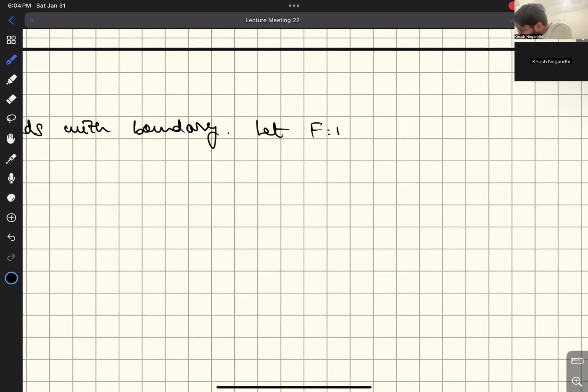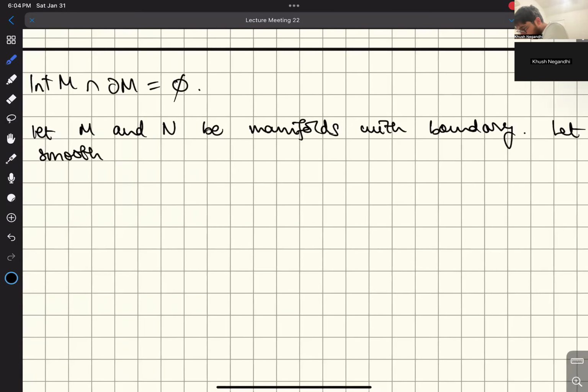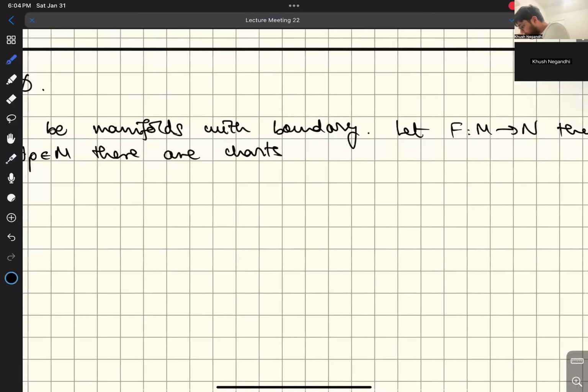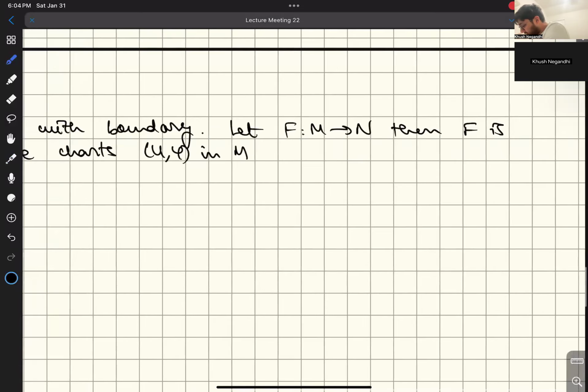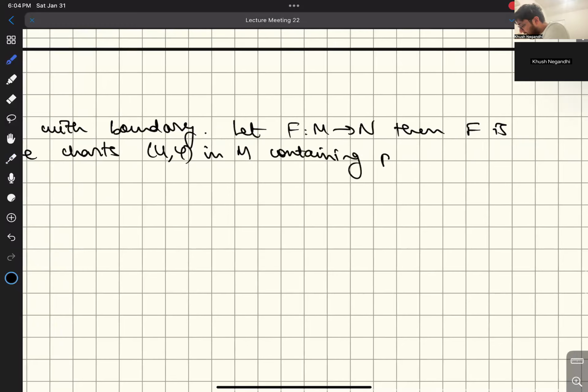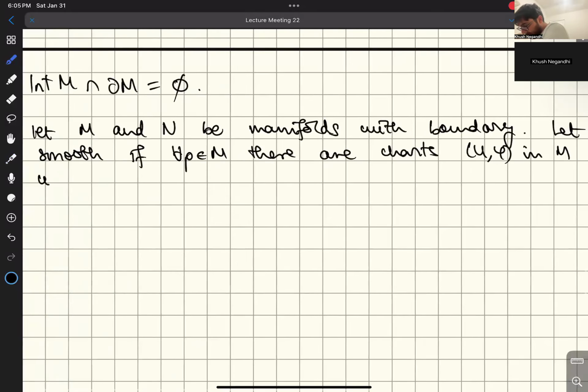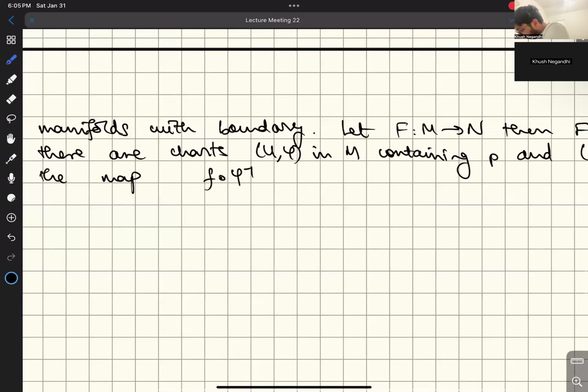Let F be a map from M to N. Then F is smooth if for all P in M there are charts (U, phi) in M containing P and (V, psi) in N containing F of P such that the map phi inverse composed F composed psi is smooth.